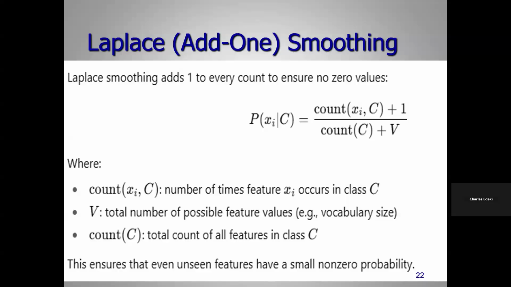In this case, we can calculate the probability of a feature value Xi given the class C as follows: count of Xi and C plus 1, over count C plus V. Previously, the formula was count of Xi and C over count C. Remember, this is the concept of Bayes' theorem, or conditional probability.